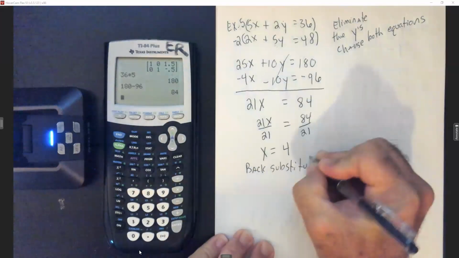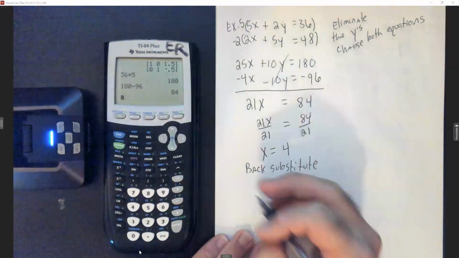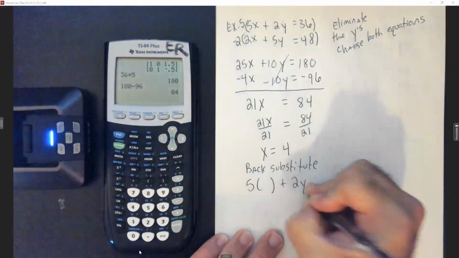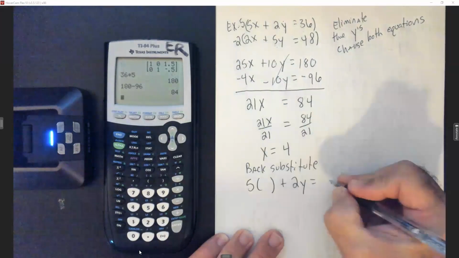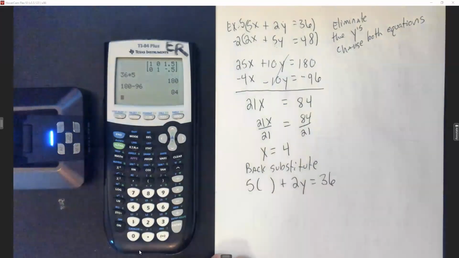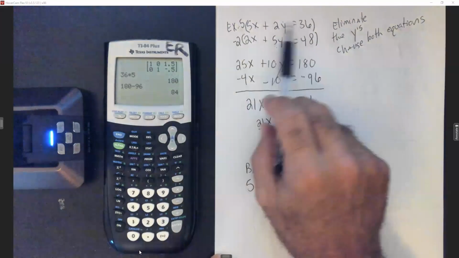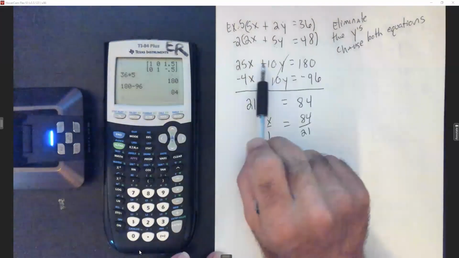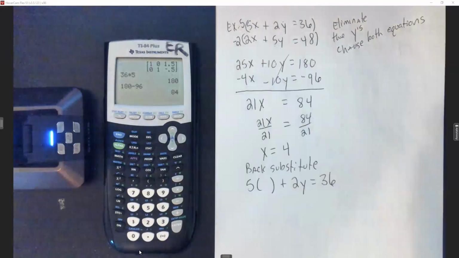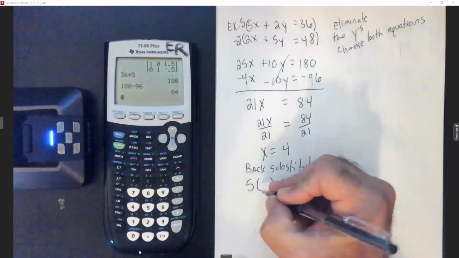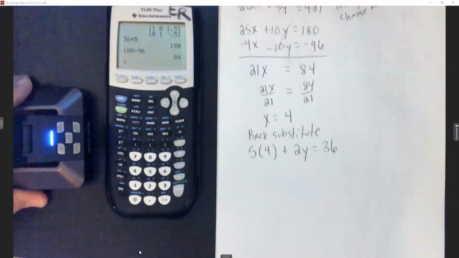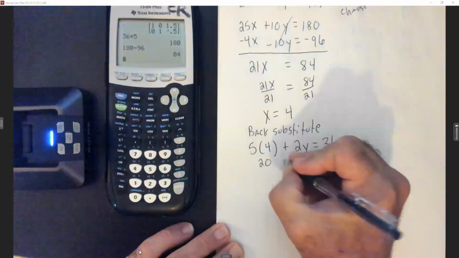So y'all, I'll just do that first when I got 5 times x, which will be 4, plus 2 times y is going to equal 36. So notice I'm going back to the original ones because they're usually smaller. After you change them, these numbers get pretty big. All right, what did we say? X was 4. So that's going to give me 20 plus 2y equals 36.